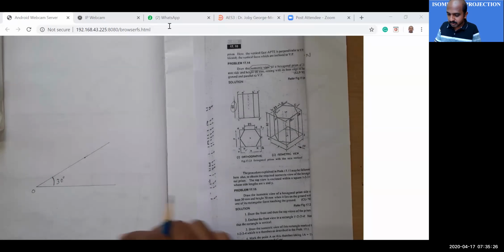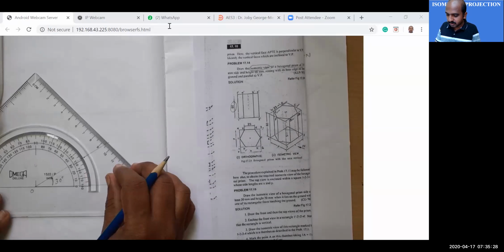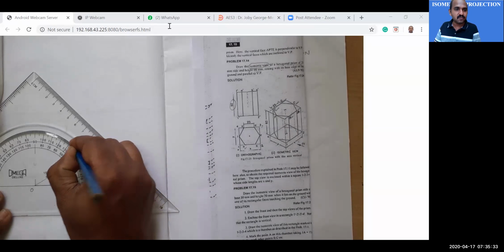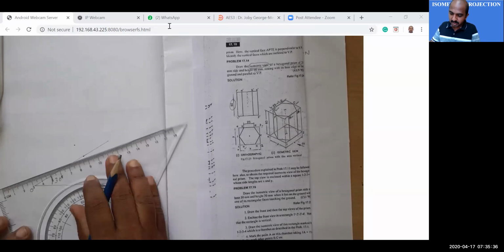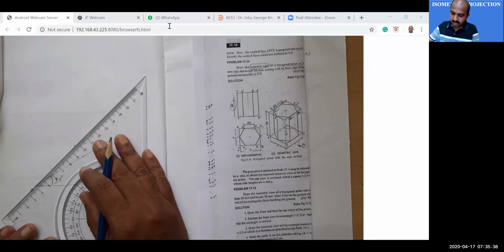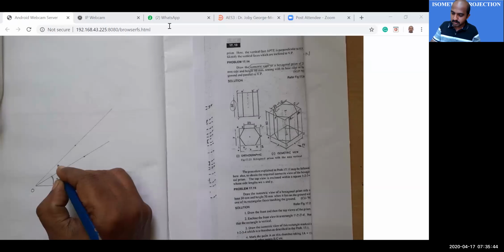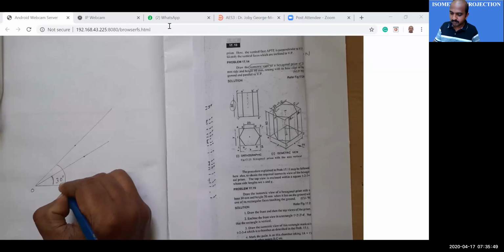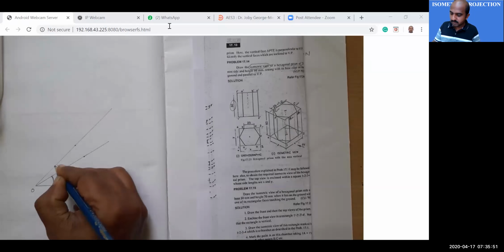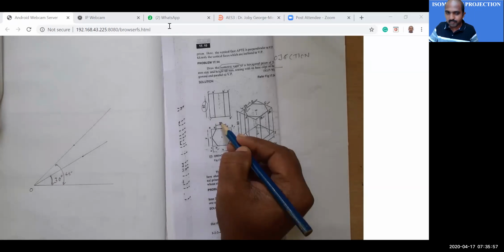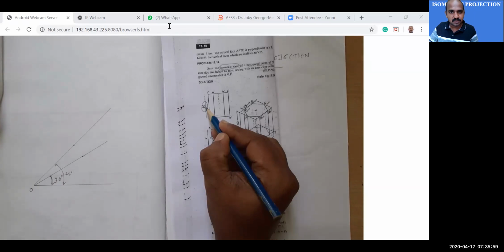Then you draw a 45-degree line from the same point. As we have two dimensions in this question, the first one is 25 and the second is 60.